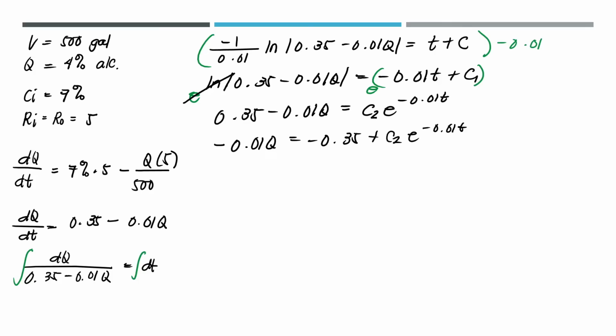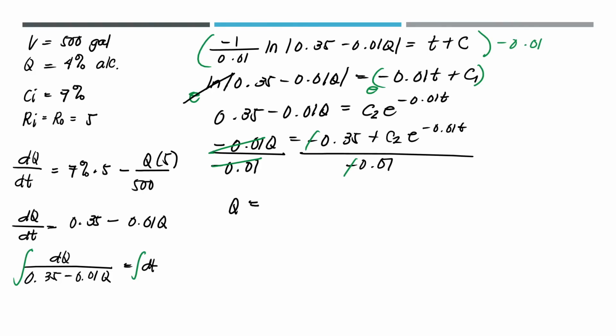Okay, so dividing both sides by negative 0.01, cancel na natin yung ito, so we will have Q. Cancel na rin yung negative sign. So, we have 0.35 divided by 0.01, sorry, not times, but rather divide.